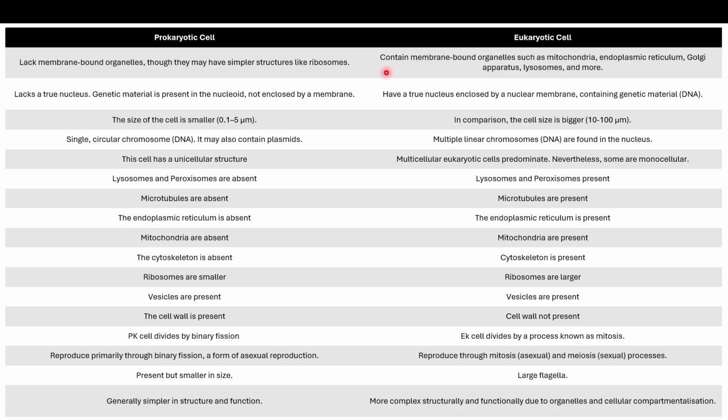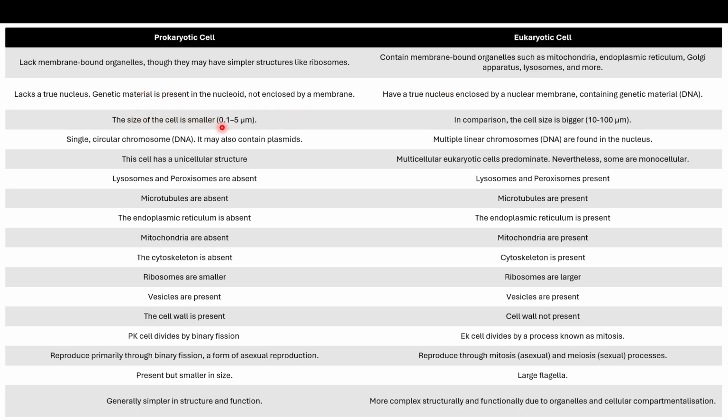Whereas in eukaryotic cells, membrane-bound organelles are present, like mitochondria, ER or endoplasmic reticulum, Golgi apparatus, lysosomes, and many more. In prokaryotes, a true nucleus is absent. Genetic material is present in the nucleoid, which is not enclosed by a membrane. And eukaryotic cells have a true nucleus enclosed by a nuclear membrane containing genetic material.